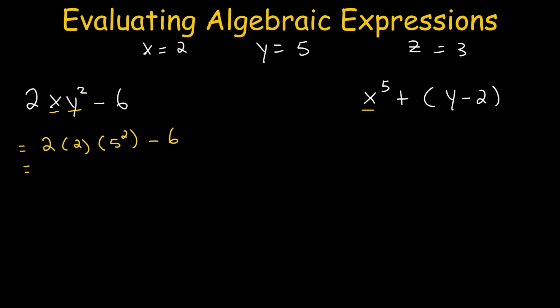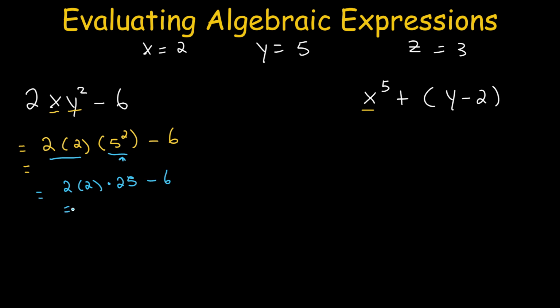We can multiply this, or we can do this one first. Let's do 5 squared. So 5 squared is 5 times 5, that will be 25. And let me put here this dot, so that means that we are still multiplying, minus 6.